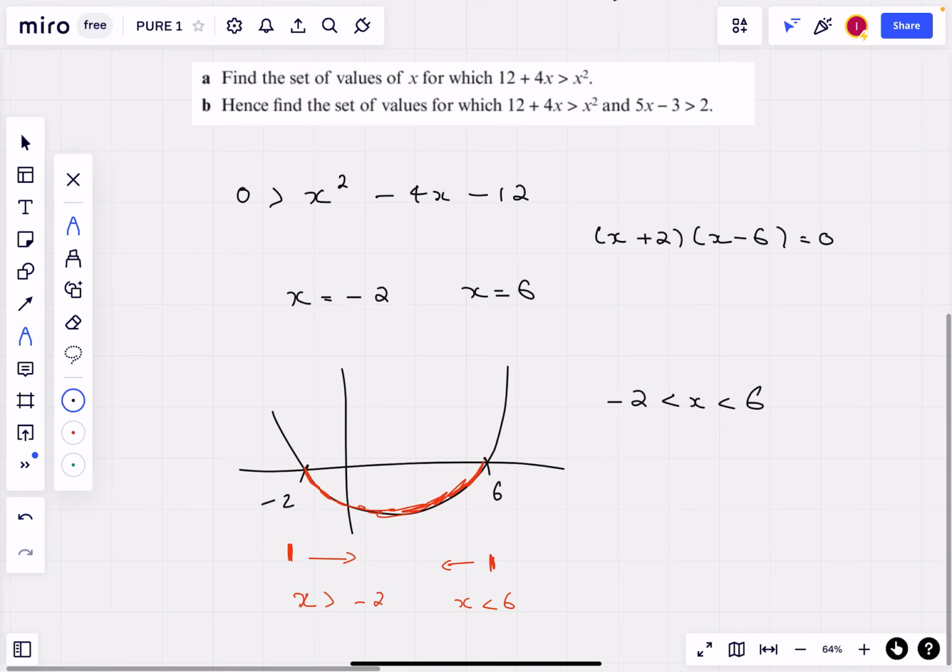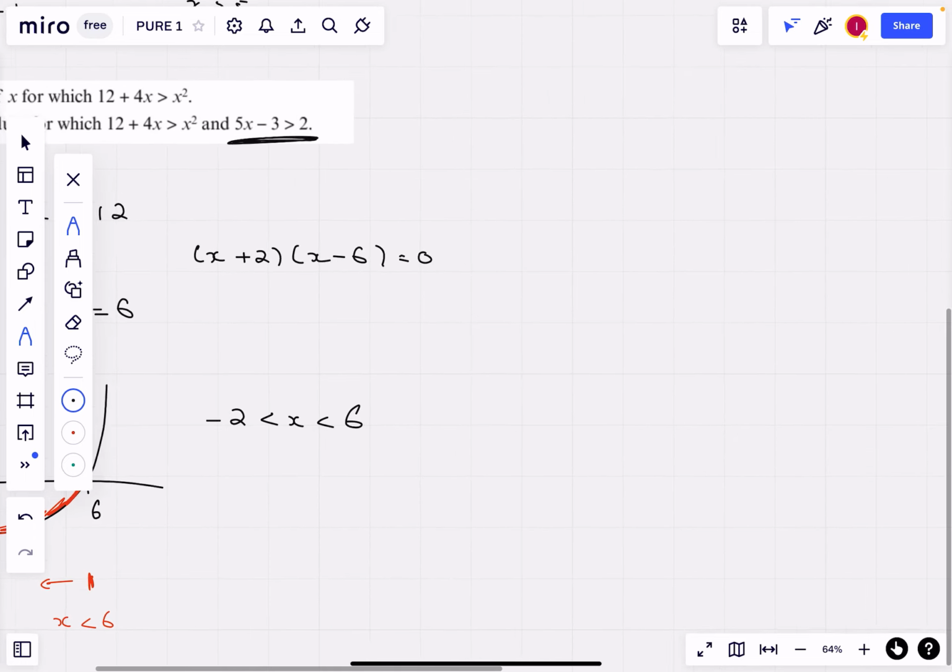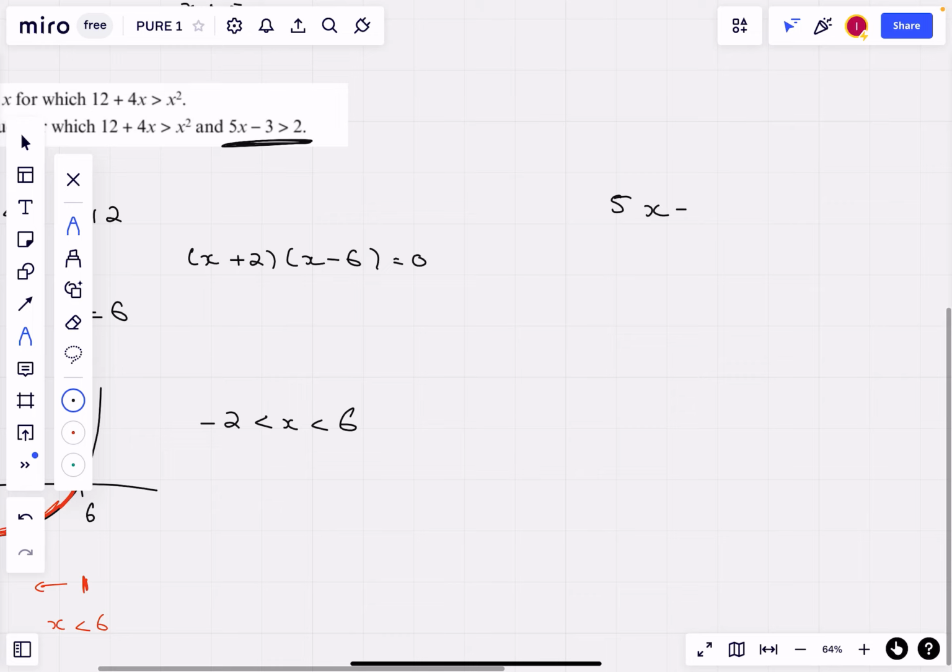In part B, hence find the set of values for which the quadratic and 5x minus 3 are greater than 2. Let's solve this one. 5x minus 3 is greater than 2.